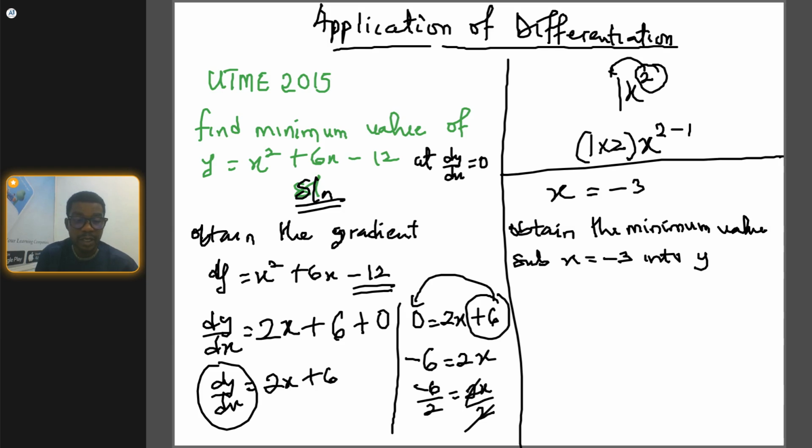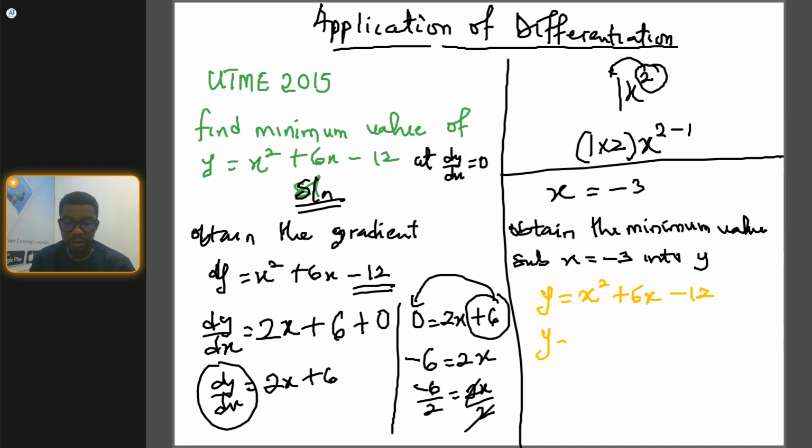So if y equals x squared plus 6x minus 12, it implies that anywhere we find x, we are going to substitute x with minus 3. And mind you, it is always advisable to put your minus 3 in brackets to avoid errors in your computations.